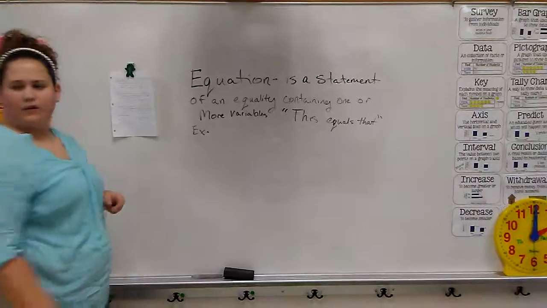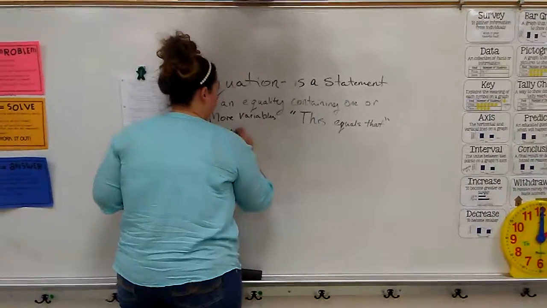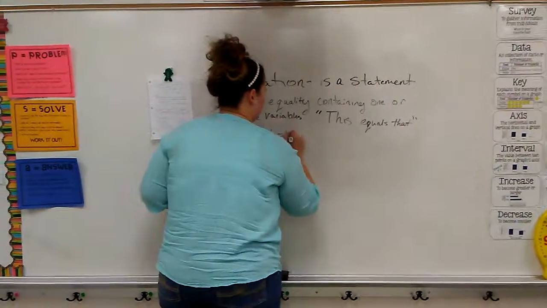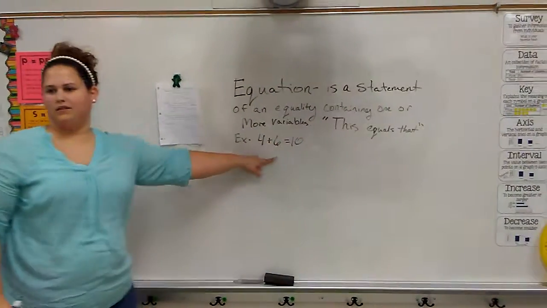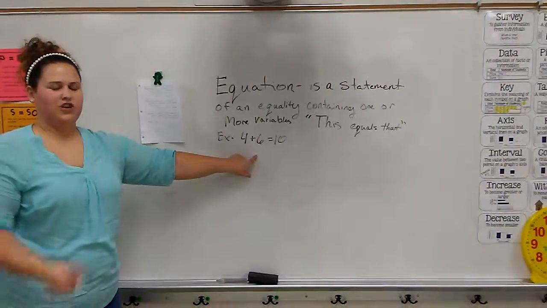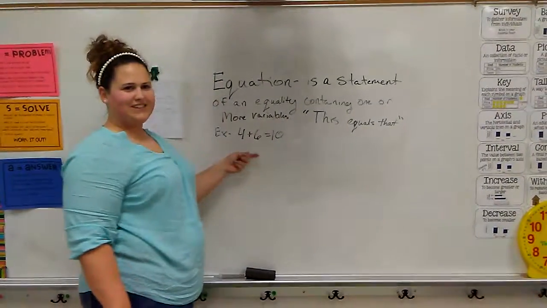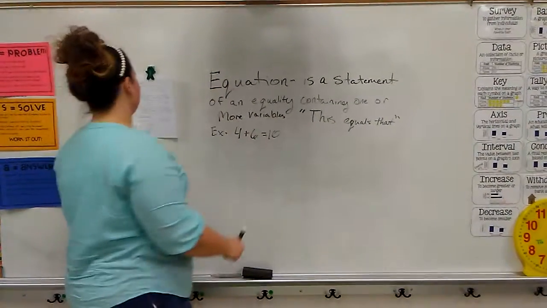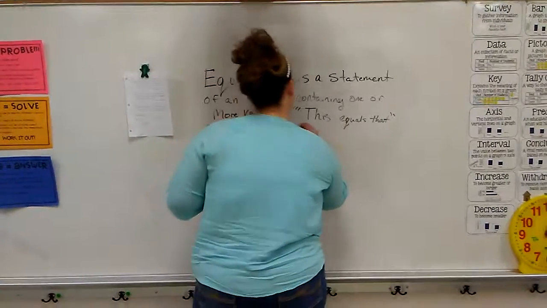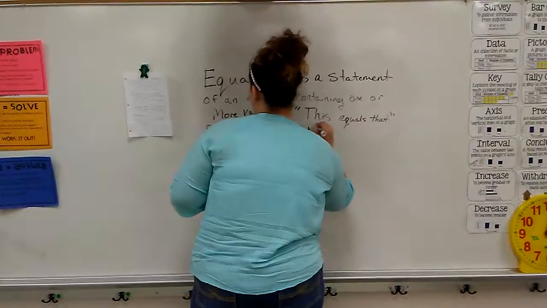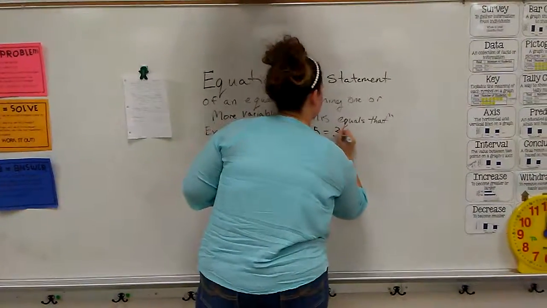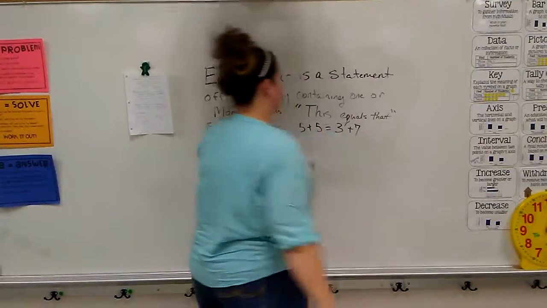All right, so 4 plus 6 equals 10. What is this? What is this right here? Jacob, that's right. It's just a simple math problem. That's all an equation is. It's just a math problem, right? So, let's look at another one. 5 plus 5 equals 3 plus 7.